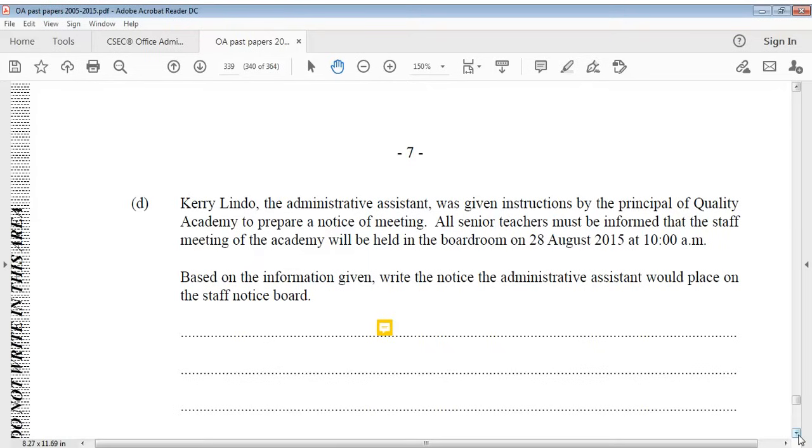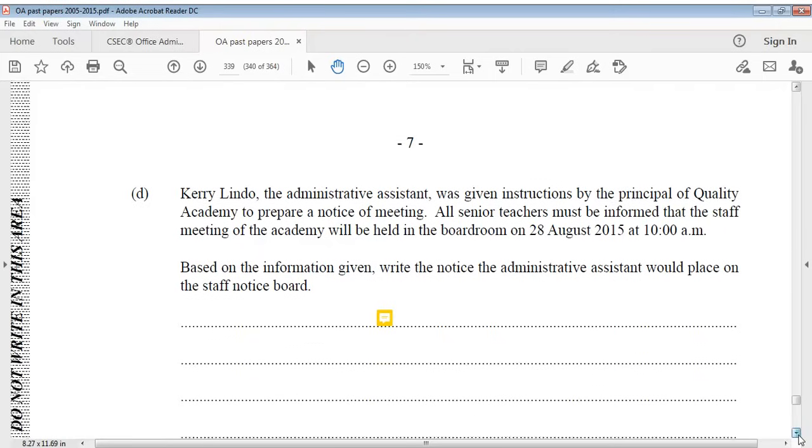All senior teachers must be informed that the staff meeting of the academy will be held in the boardroom on 28th of August 2015 at 10 a.m. Based on the information given, write the notice the administrative assistant would place on the staff notice board.